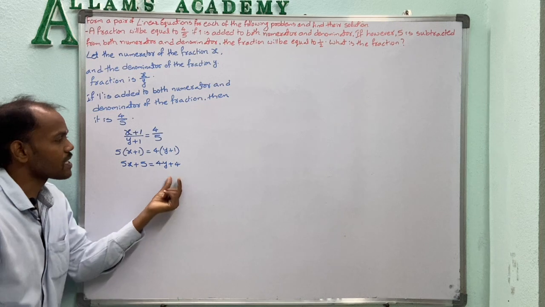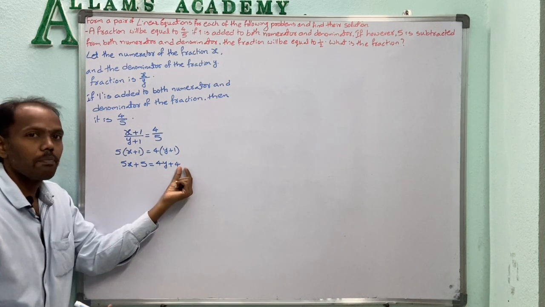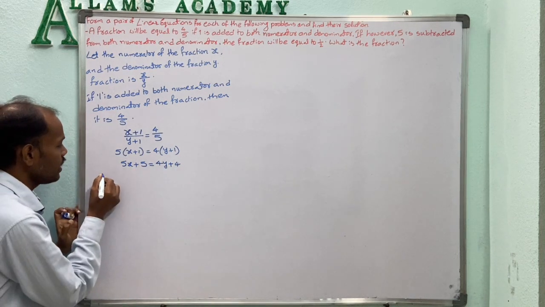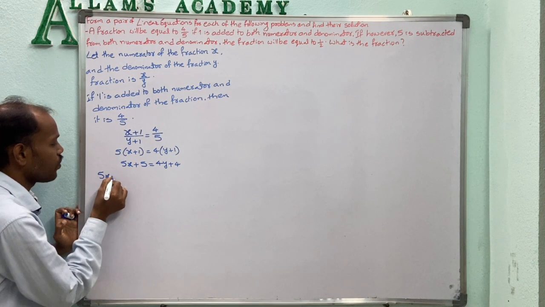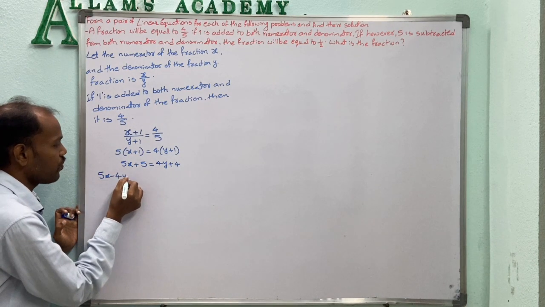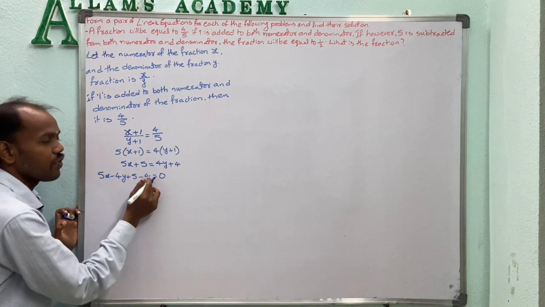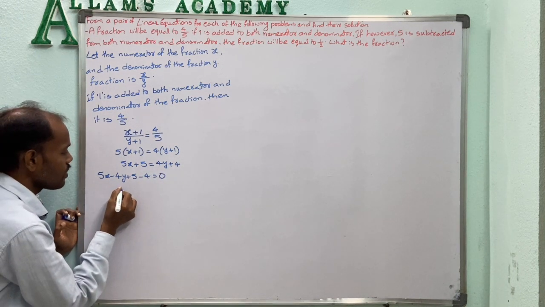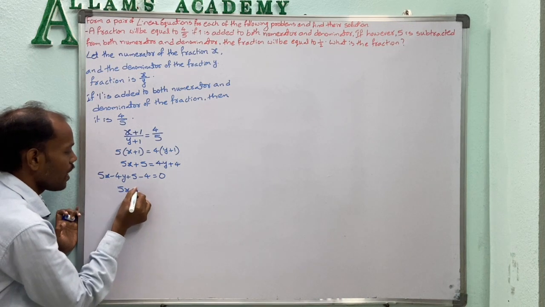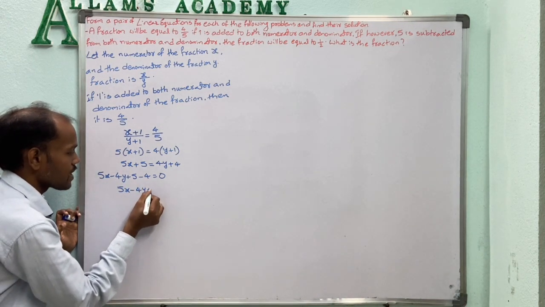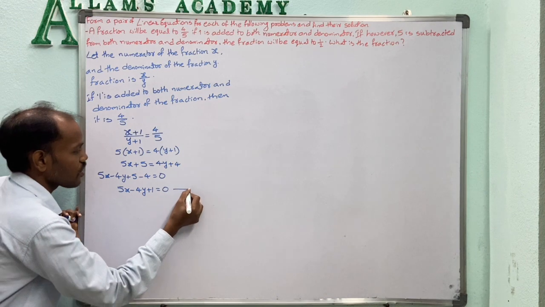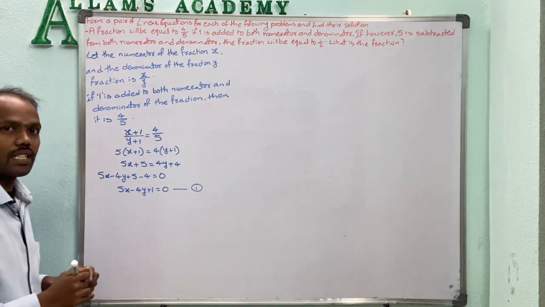Now transferring this 4y plus 4 to this side, that is minus 4y minus 4. Here 5 minus 4 is equal to 1. So 5x minus 4y plus 1 equal to 0. This is the first equation.